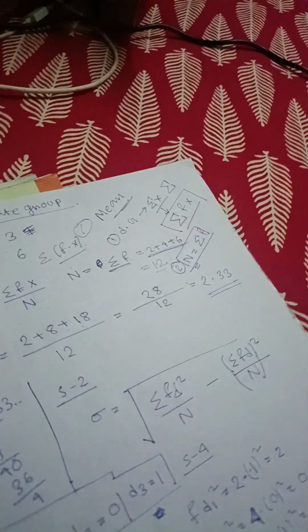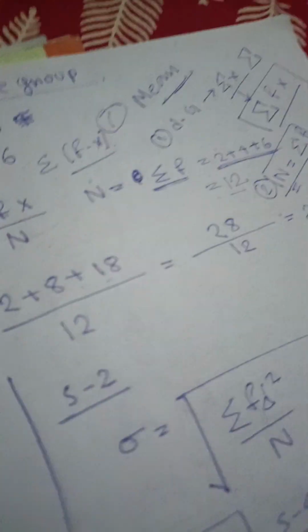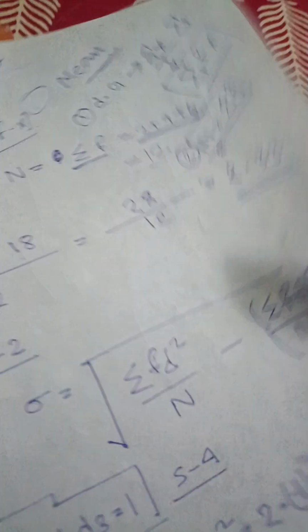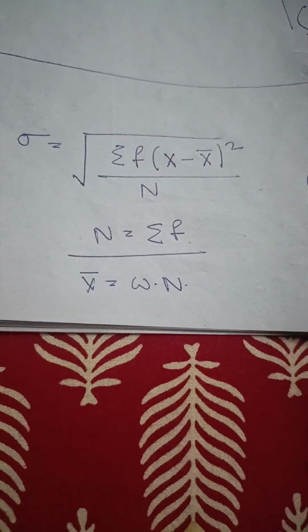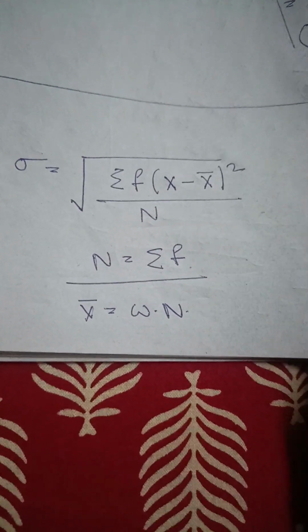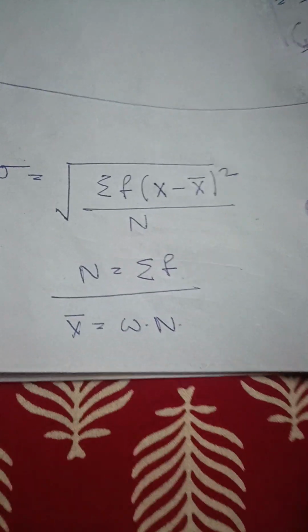Here we have to remember that the same concept is rolling out. We have seen that for SD there is one formula if the mean is a whole number, and a different formula if the mean is not a whole number. If we get the mean as a whole number, then we have to use this formula.